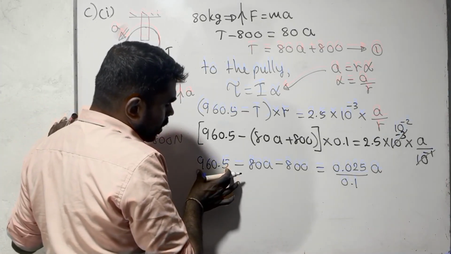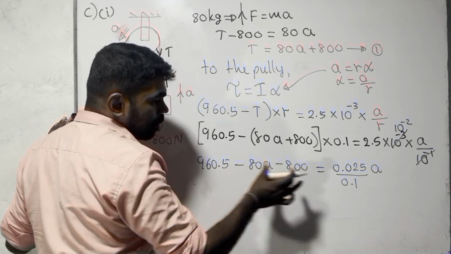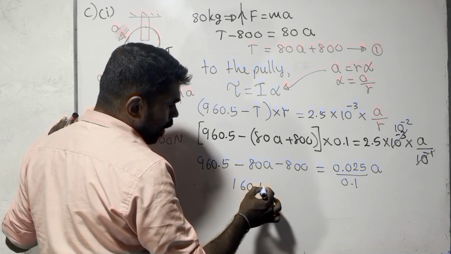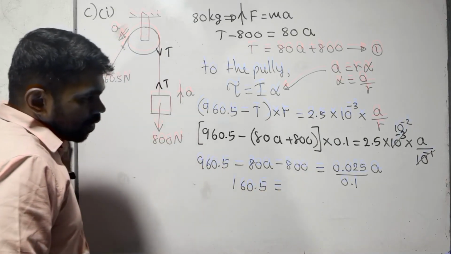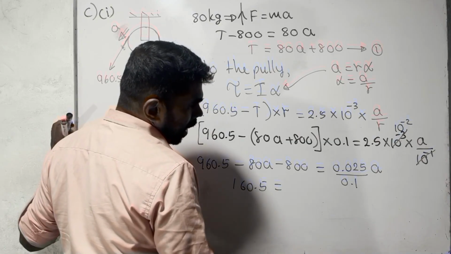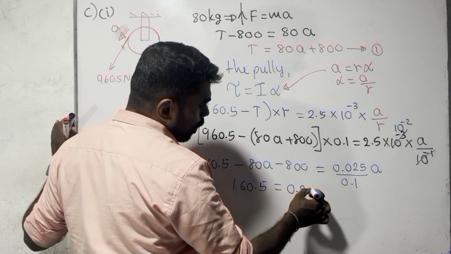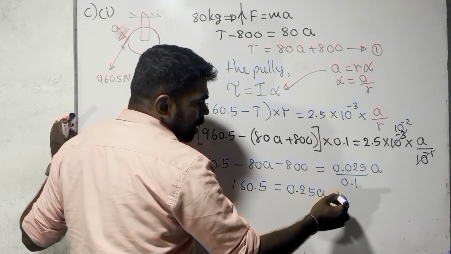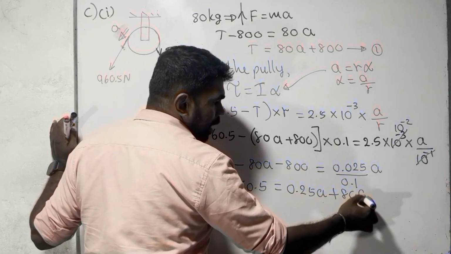Then 960.5 minus 800 is 160.5. When dividing by 0.1, we can multiply it by 10. It means 0.25A. I will bring 80A to the right hand side as a plus term.